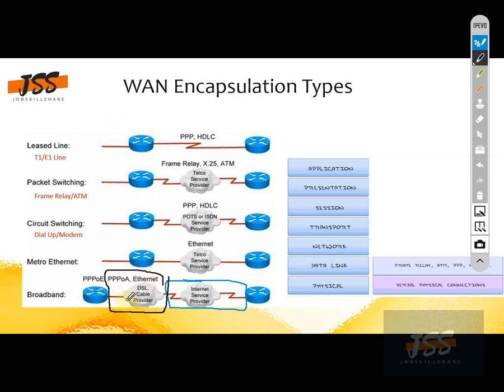They want to send information over a serial link but with the help of Ethernet, which is known as PPPoE, Point-to-Point over Ethernet. So this is a point to point connection.